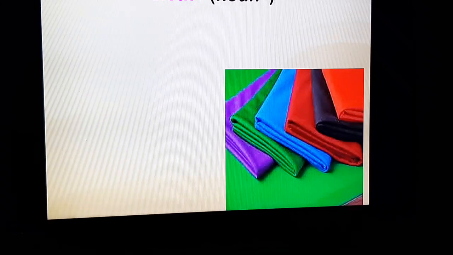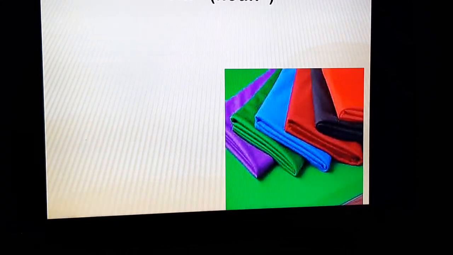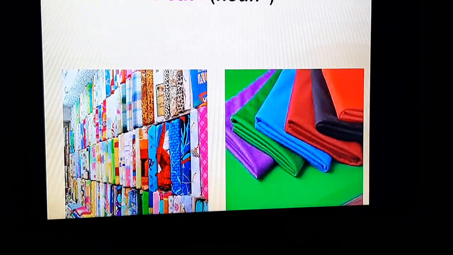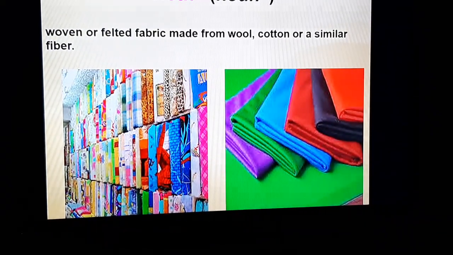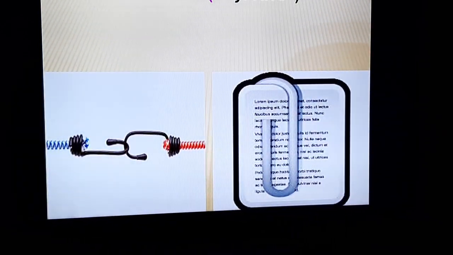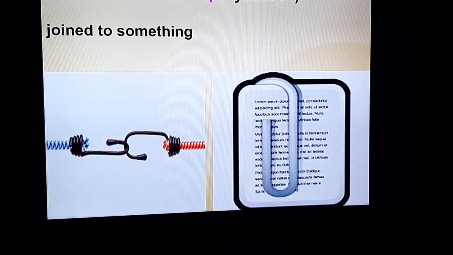Cloth. We have cloth made of wool or made of cotton, and we use cloth in making clothes. Woven or felted fabric made from wool, cotton, or semi-fiber. Attached, joined to something.